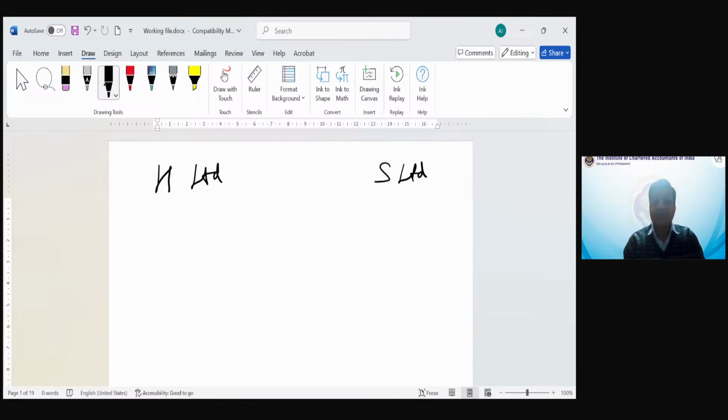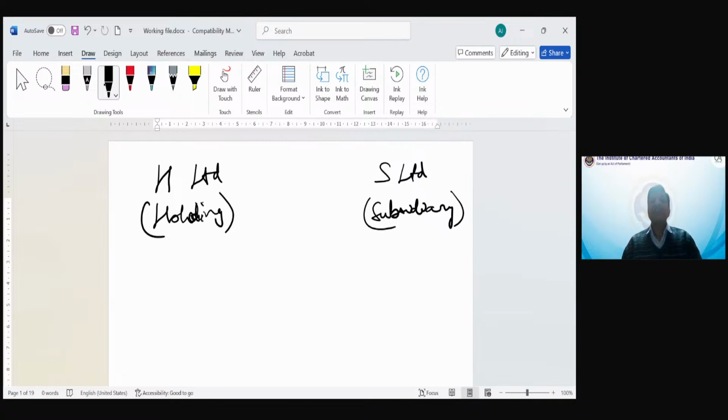This was holding and this was subsidiary. Now, in this case, whenever there was any distribution of dividend, etc., you used to look at certain points. Now, please understand holding and subsidiary, the moment you have this relationship, what do you follow? Line by line addition.